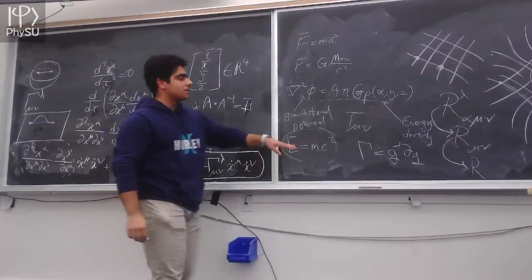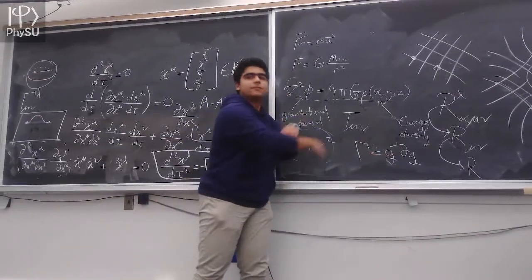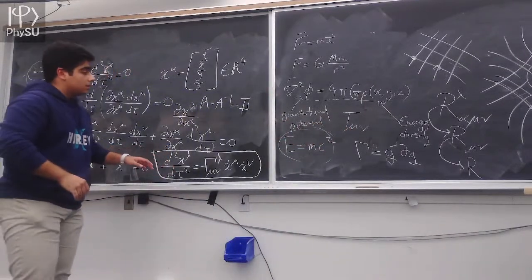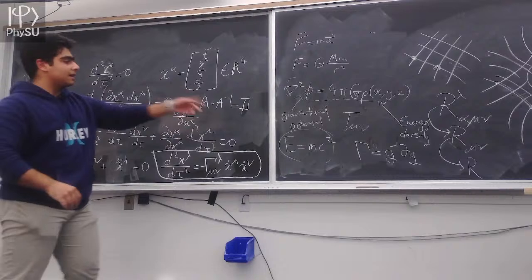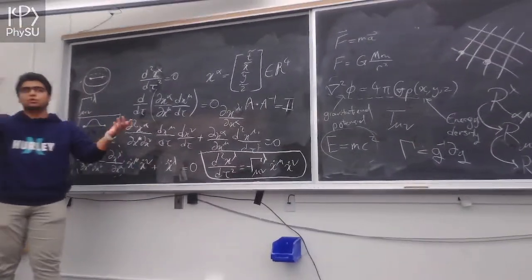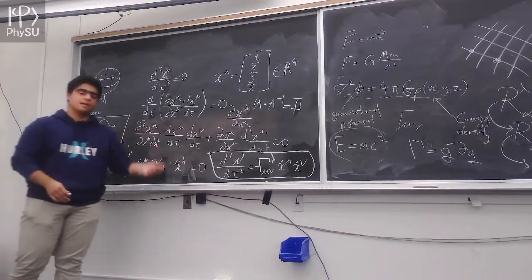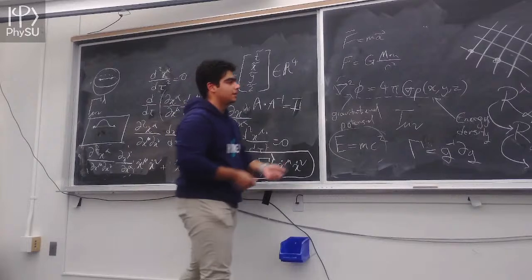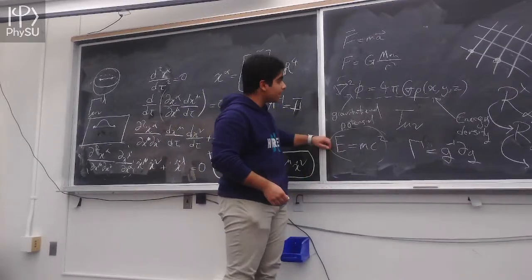Okay, that's not what it's equal to. That's the form of it. And you can use this and the Einstein field equations to calculate geodesics, and that tells you the shortest straight line paths in space-time and how bodies move in a curved space-time.